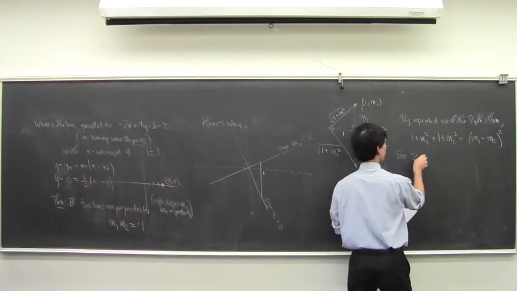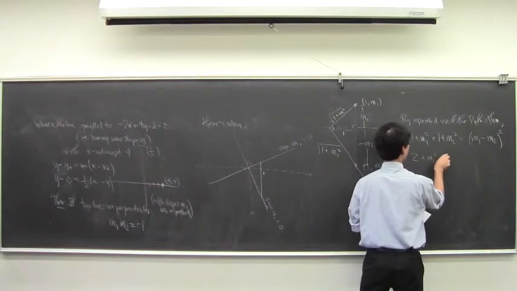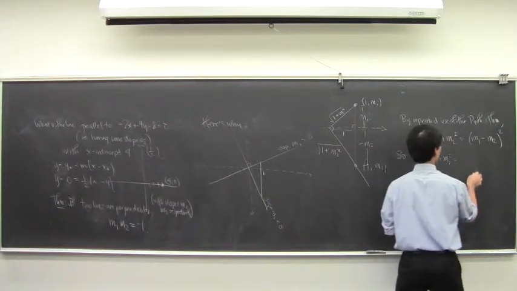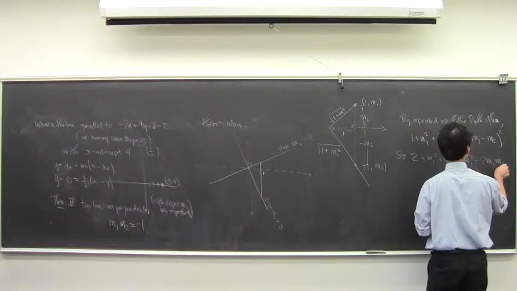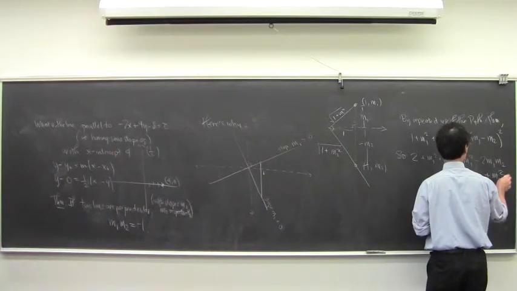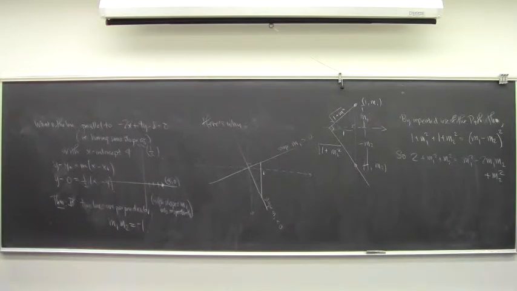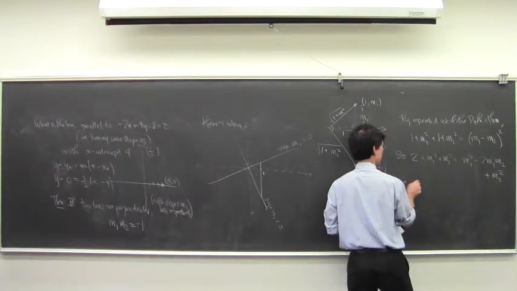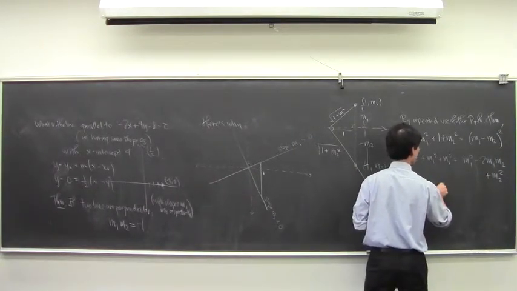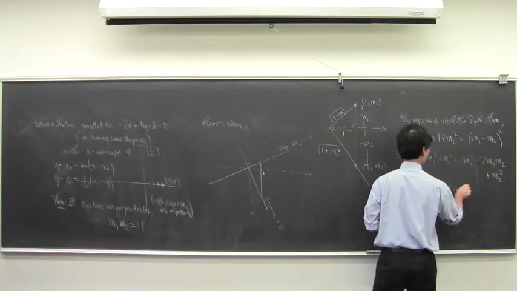So 2 plus m1 squared plus m2 squared is m1 squared minus 2 m1 m2 plus m2 squared. So you see that 2 equals negative 2 m1 m2.